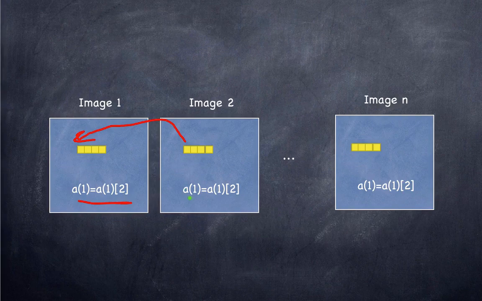When image 2 executes the same line, basically it's copying data onto itself, which the compiler might optimize away or which you might just get rid of with a conditional statement. When, say, the nth image executes the same line, it's copying that same element to element 1 on that image. Notice that I don't show square braces on the left-hand side because they can be implicit. When you don't show square braces, you're only working on the local data.